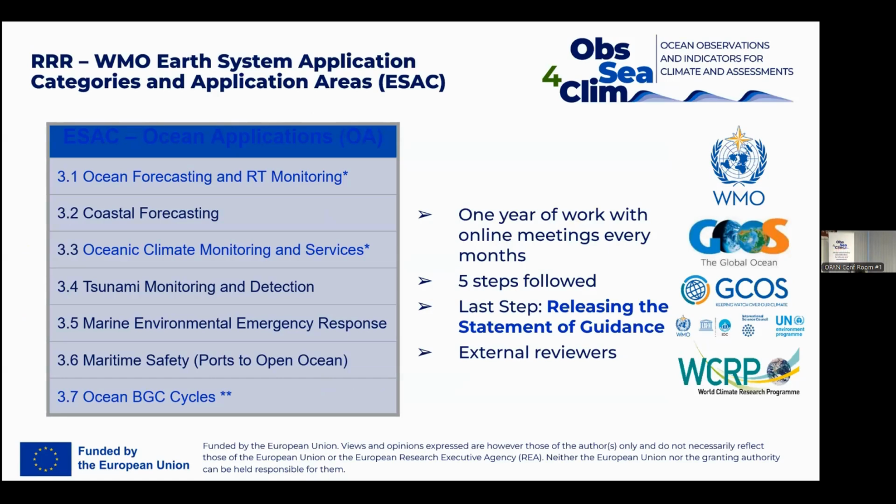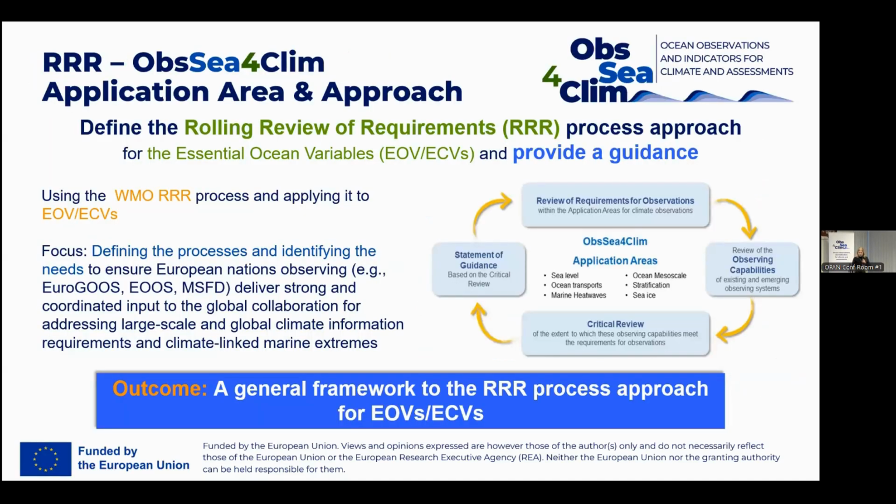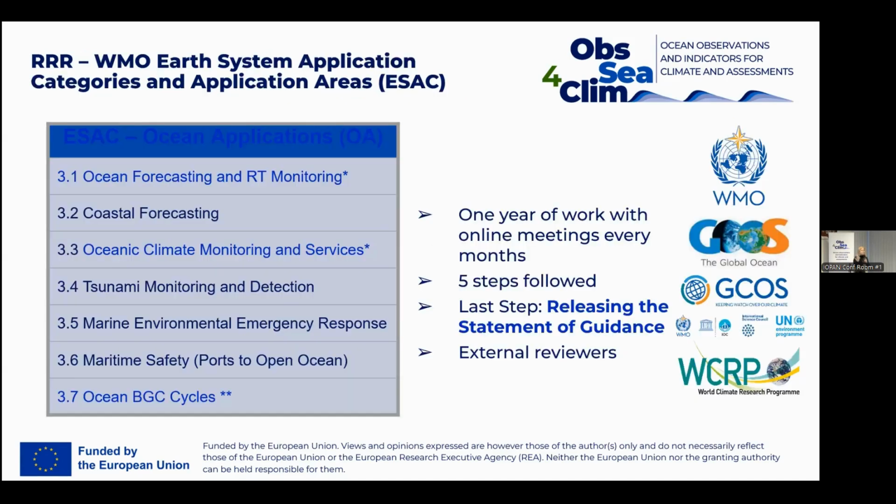These 5 steps have been followed to build these 7 application areas for the ocean, and very soon there will be a release of the statement of guidance that will go for review outside the system with external reviewers. The official one has been built a little bit with each of these 7 application areas, as they were thinking about it.